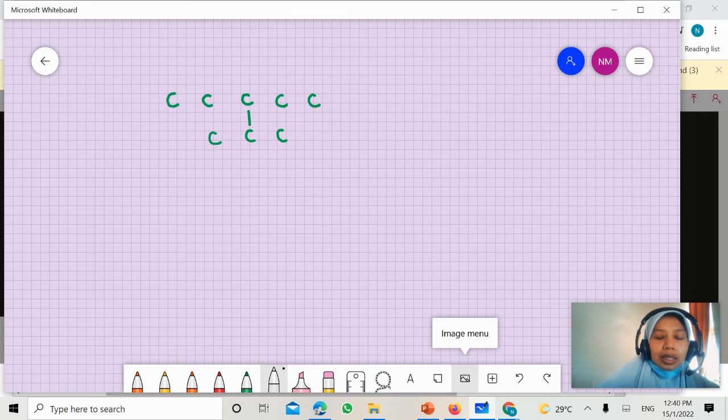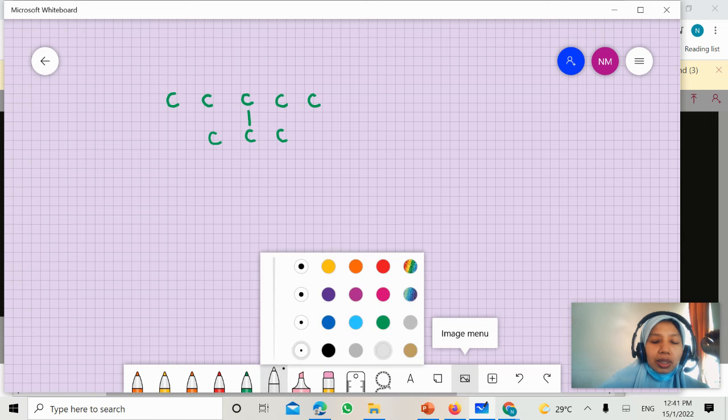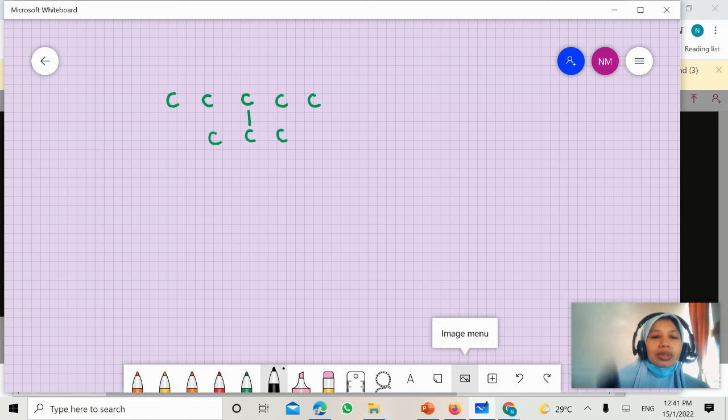Now, let's look at how I draw the structure of this compound. Always begin with the carbon chain and all other substituents and functional groups. Finally, only then you fill in the hydrogens. You must literally count so that you don't make any careless mistake.